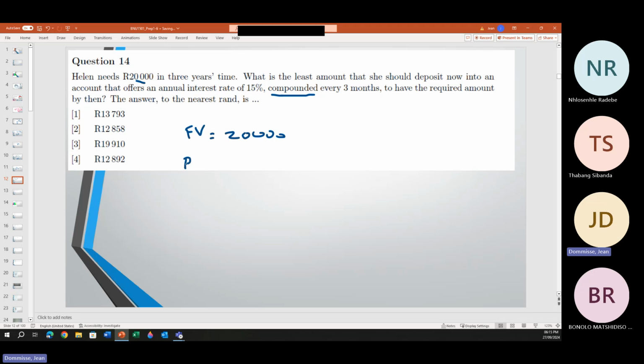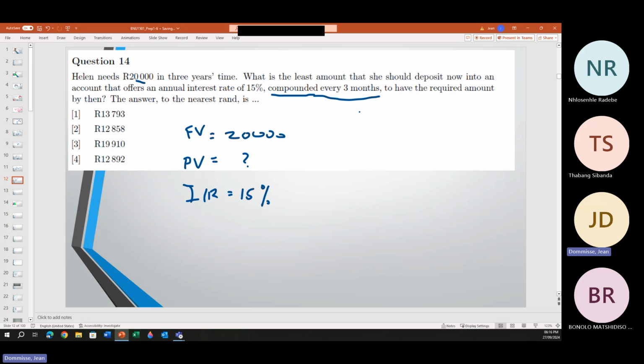So they basically want to know what is the present value that she needs, so that she can get an annual interest rate of 15%. And that interest rate is compounded every 3 months.